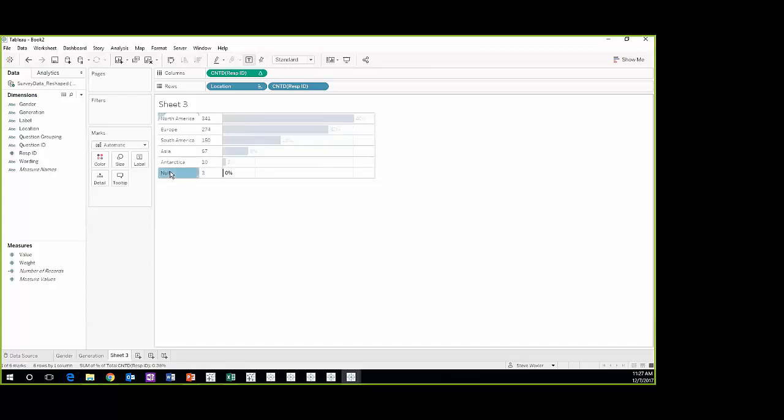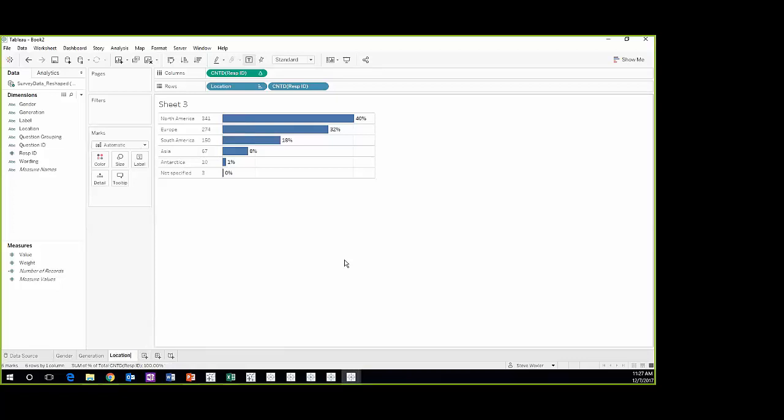So I can do one of two things. One is I can just exclude it. The other is I can alias this and say not specified. Also, I could group this together, not specified, and Antarctica, and just say other or something like that.